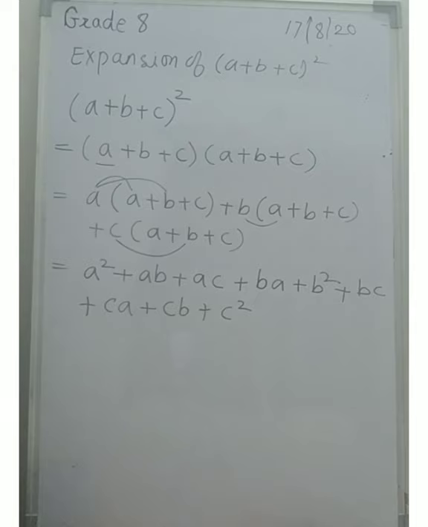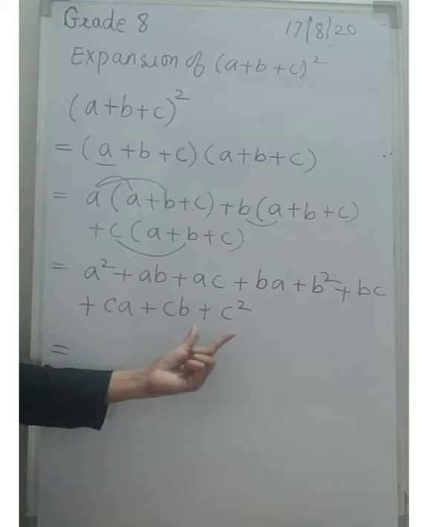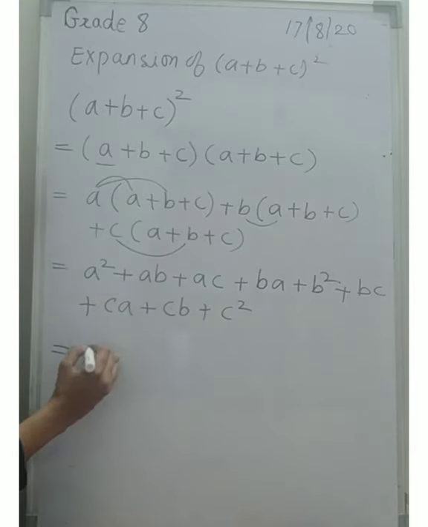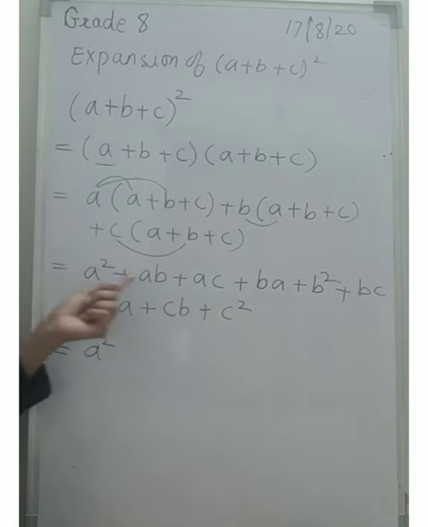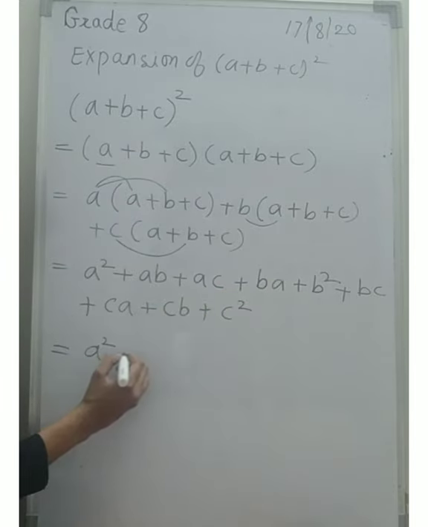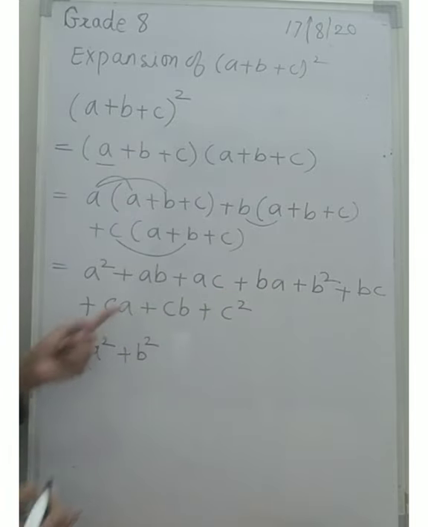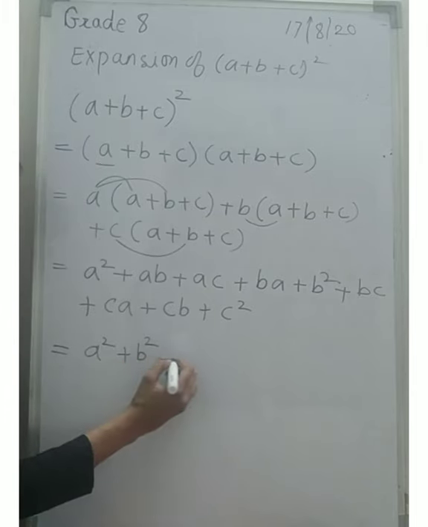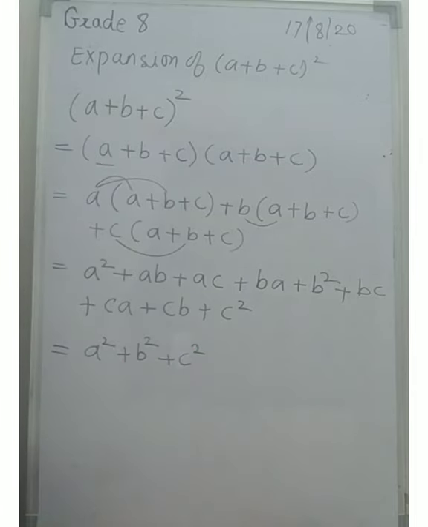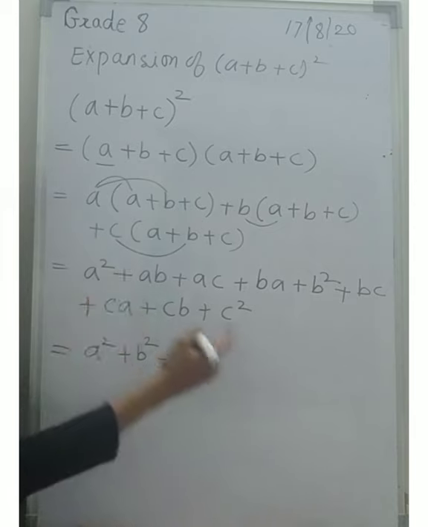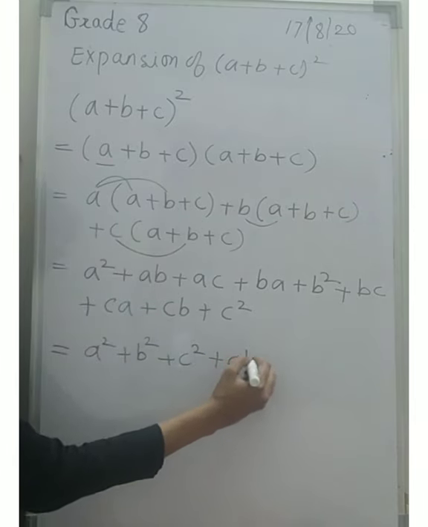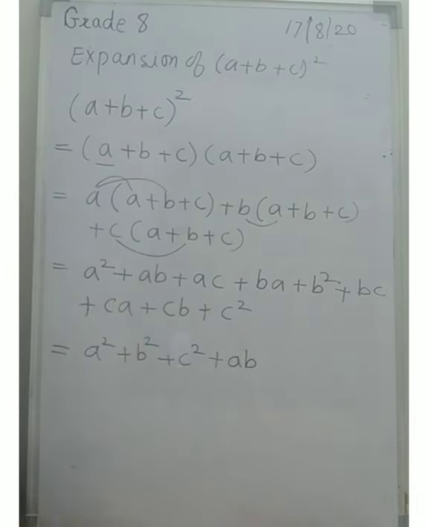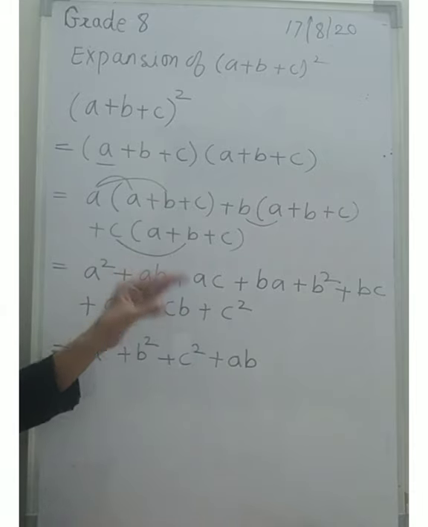Easy? Now we are going to write the square terms first: a², then the second square term b², and the third square term c². Now we write the other terms. The terms having ab or ba are equal, because we can write ab as ba also.